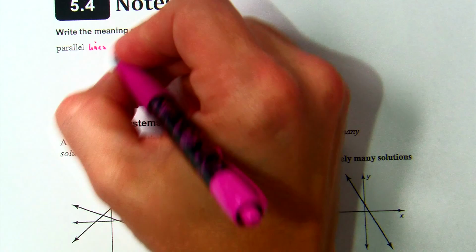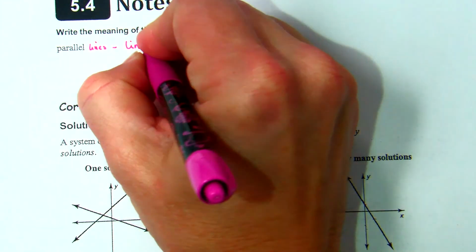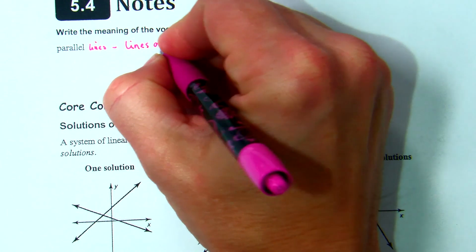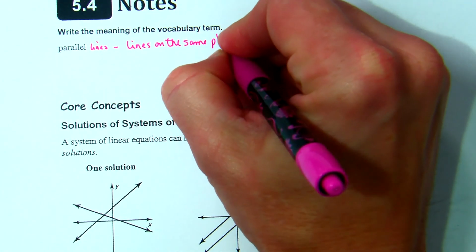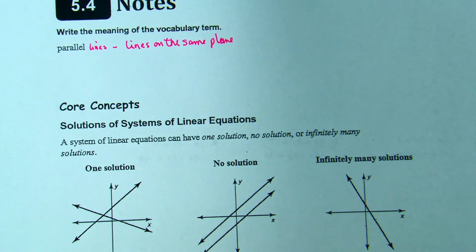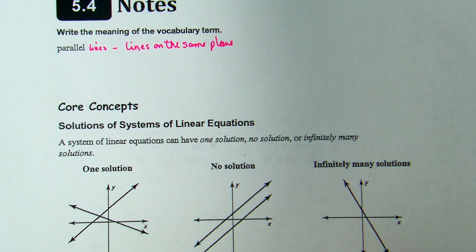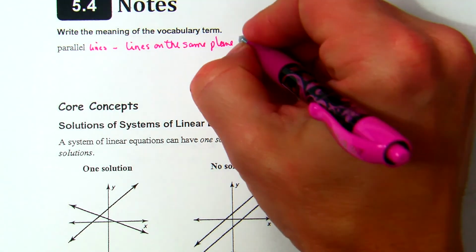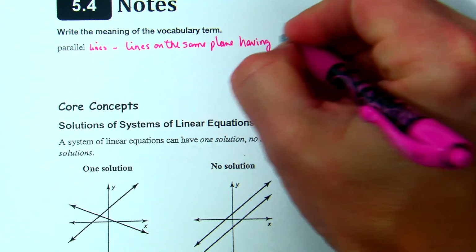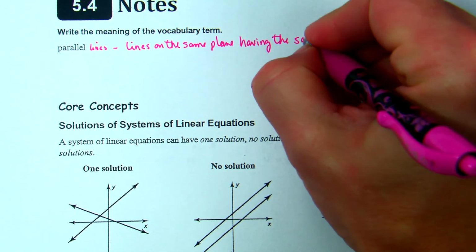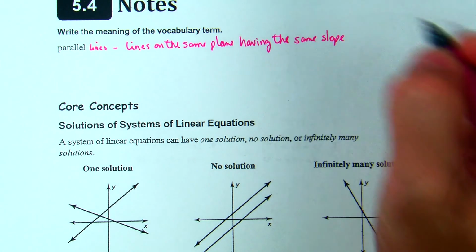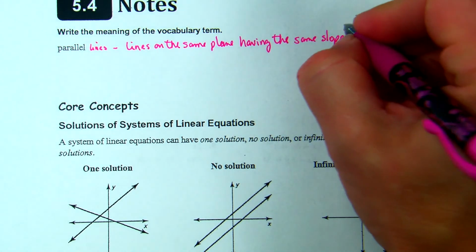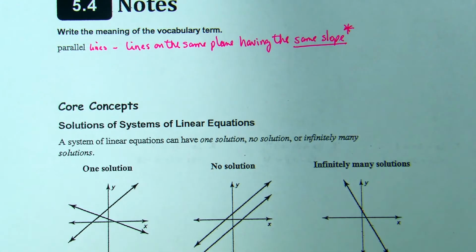This is going to be lines on the same plane, we'll go into a little detail on that in just a minute, having the same slope. And that's going to be important. We're going to be looking for that as we move along in our equations, having the same slope.